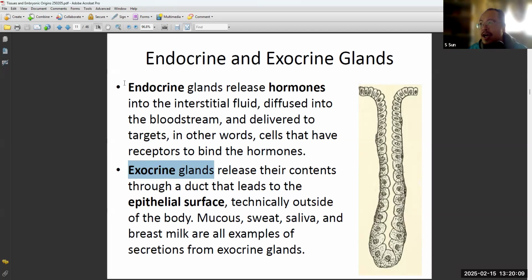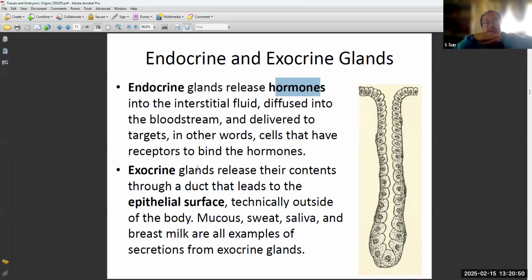Another type is called endocrine glands. When they secrete stuff, it is not going outside of our body. It stays inside and is transported by the blood circulating in our body. Those are the endocrine. The endocrine secretion inside of our body we usually call hormones. We have different kinds of hormones, and so that's the endocrine.